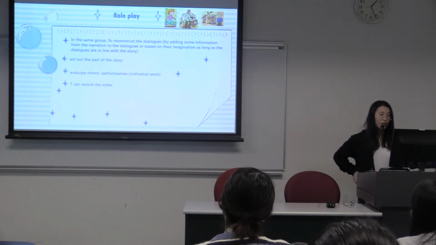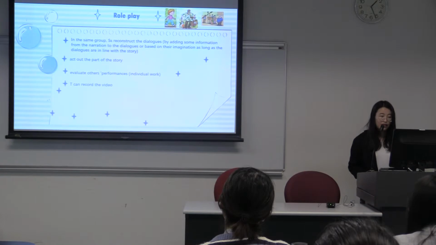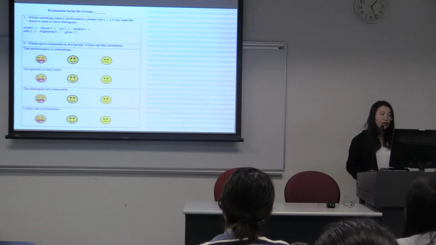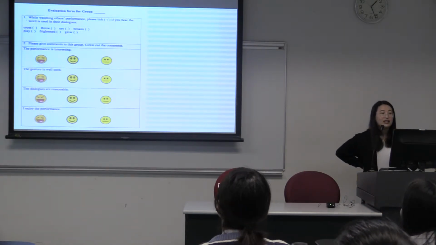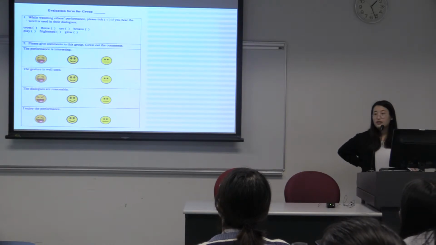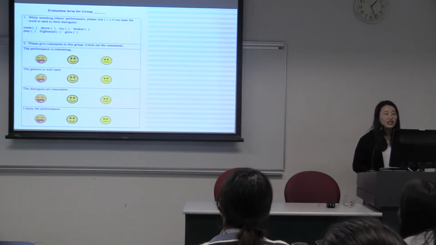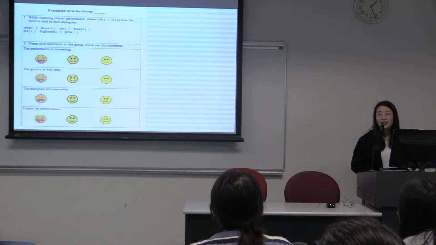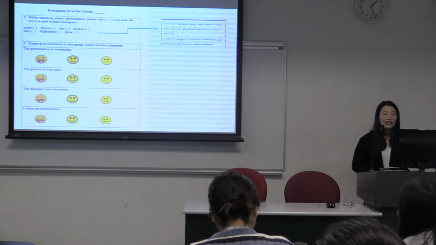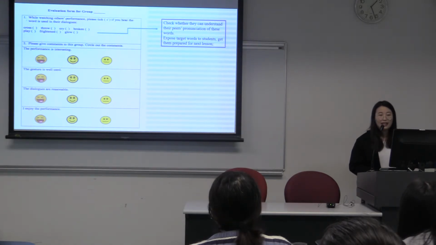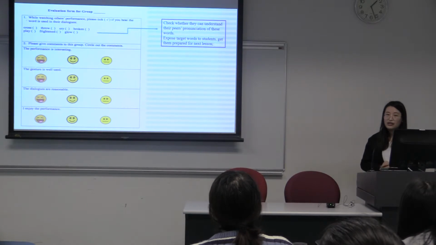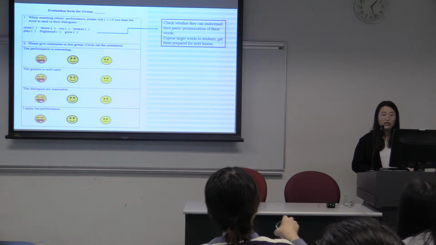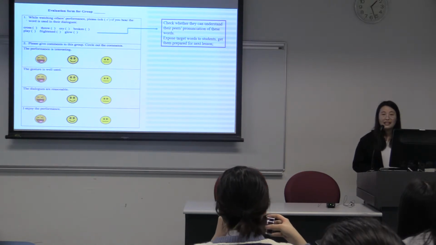And then before they act out the part of the story, each student will get several evaluation forms. While watching the play, they need to tick whether they hear the following words in other groups' dialogues. So in this stage, we want to check whether they can understand their peers' pronunciation of these words, and also to expose target words to students to get them prepared for the next lesson.